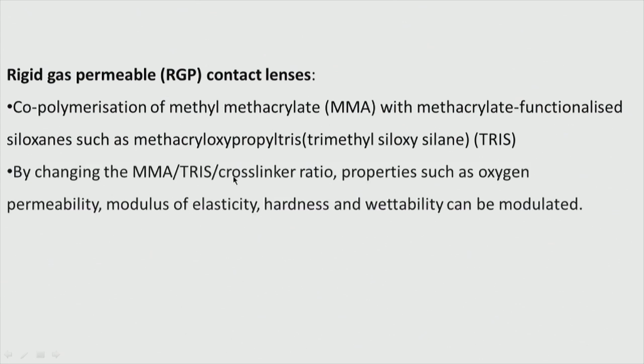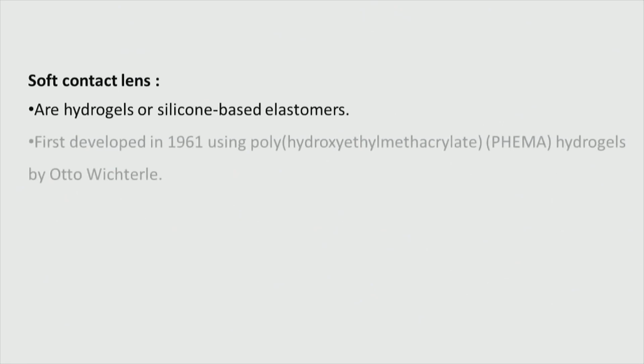When you do that, we can change the crosslinker ratio, so the oxygen permeability can be modified, modulus of elasticity can be modified, hardness, wettability can be modified. That is called rigid gas permeable contact lenses. You also have these soft contact lenses.